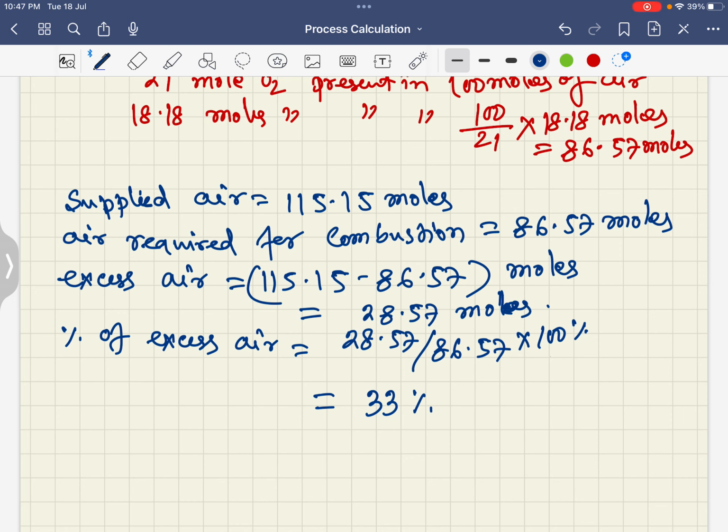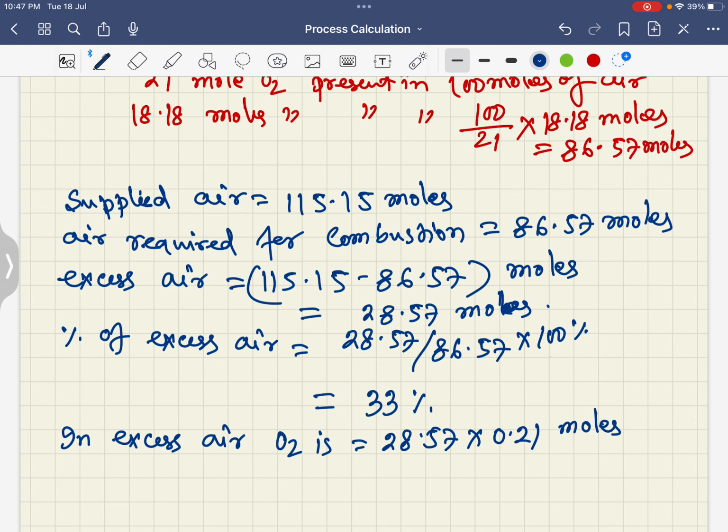Now here, in excess air, oxygen is 28.57 into 0.21, so that is 5.9997 moles, means that is 6 mole.